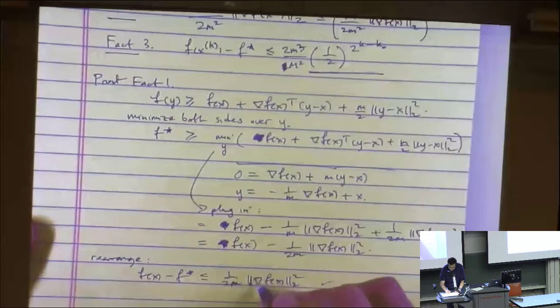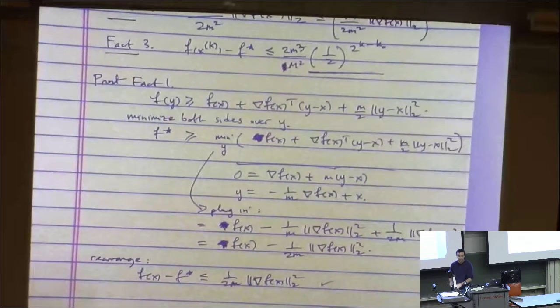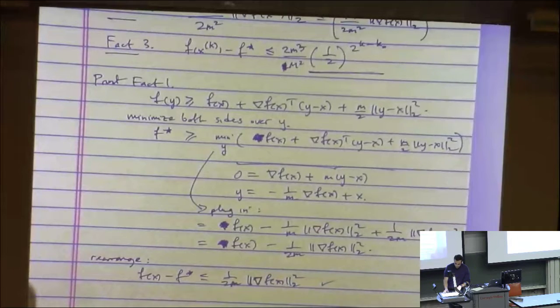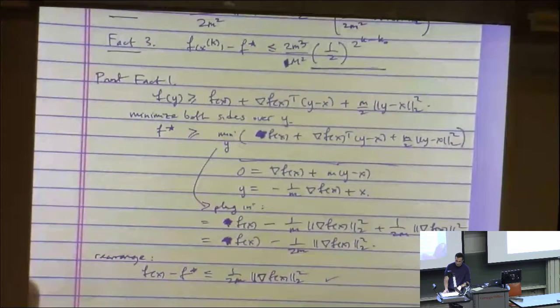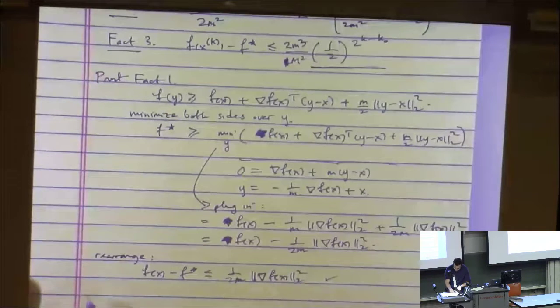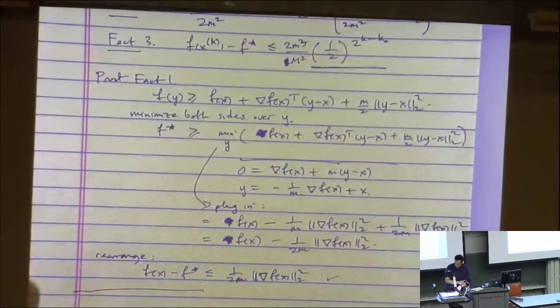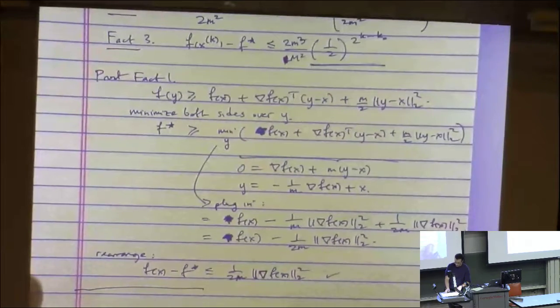In fact, the proof of gradient descent's convergence rate under strong convexity also relies on this fact. So this is just a generally useful fact when you're analyzing strongly convex functions. That has nothing to do with Newton, but it's a good thing to see.